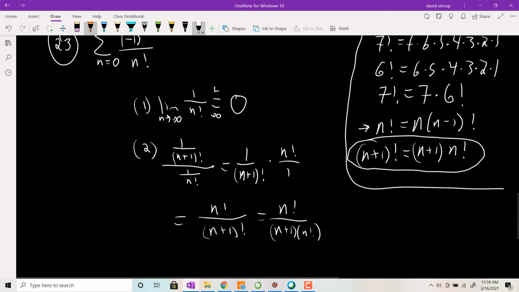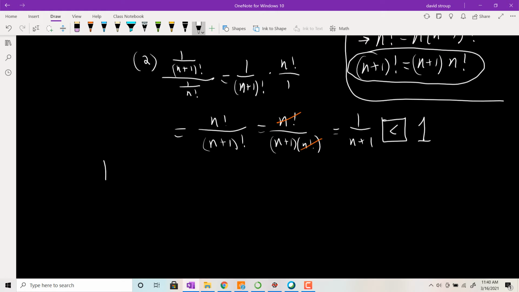Then you could remove the n factorial portion, and you just get 1 all over n plus 1. And then you're comparing that to 1. If it's less than 1, then it's decreasing. And certainly for n greater than or equal to 1, this will be less than 1 because you've got something small over something bigger. So this one is convergent. Hence converges.